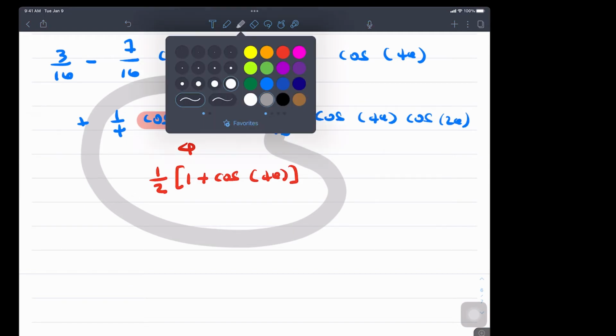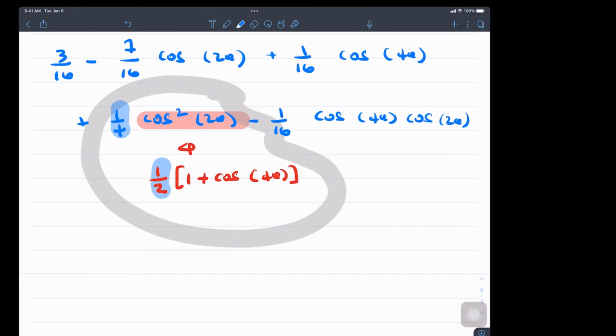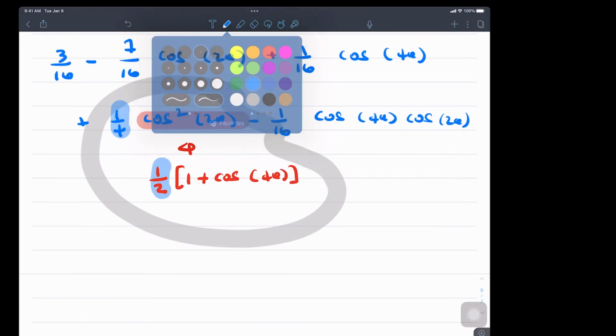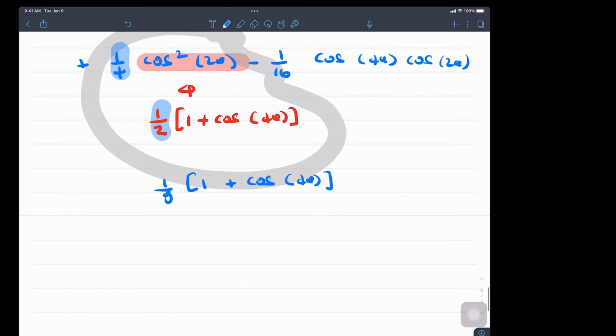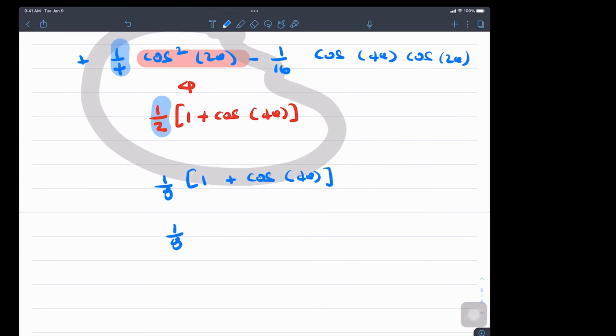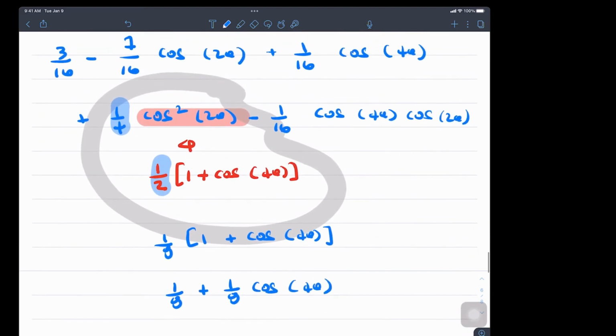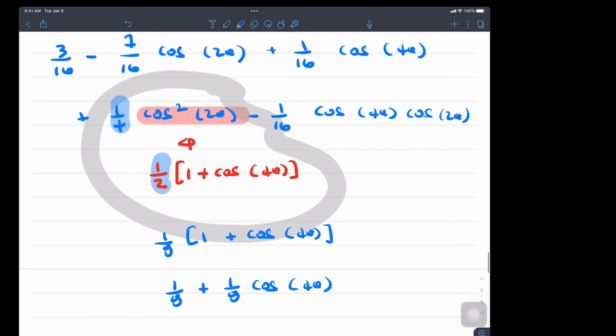Remember, what does this become? 1/4 times 1/2 gives you what? 1/8 times 1 plus cosine what? 4 theta. Distribute. We get 1/8 plus 1/8 cosine 4 theta. That's the work right in here.